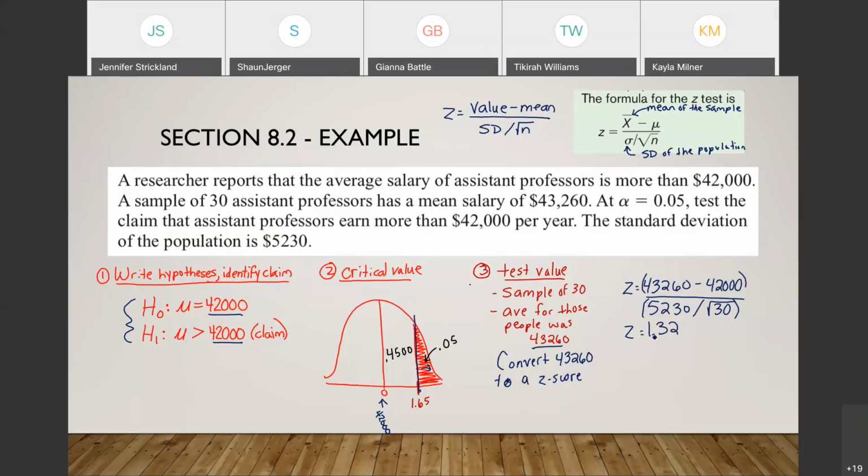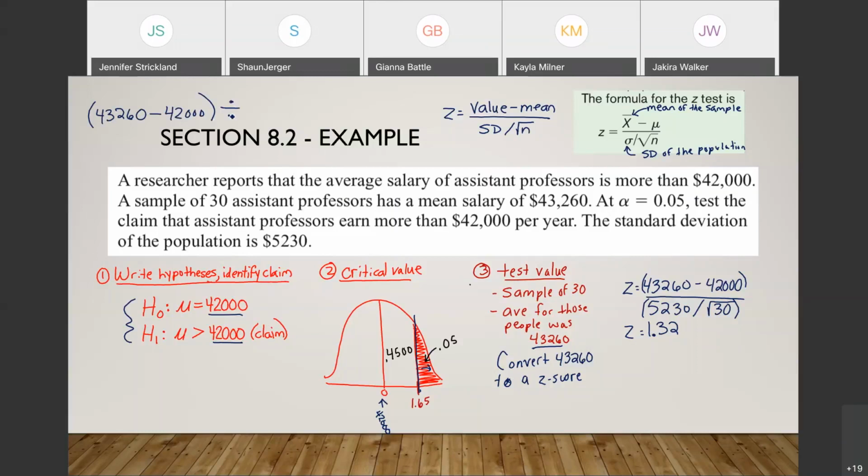All right, anybody have a problem or a question on step 3? I didn't get 1.32. Okay, so when you put it in your calculator, let me just write it down up here. You're going to do a parenthesis and then 43,260 minus 42,000, and you're going to close the parenthesis.